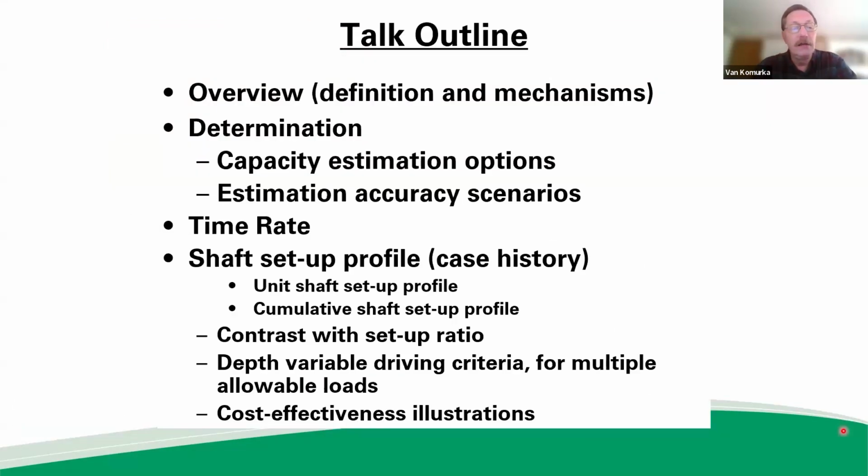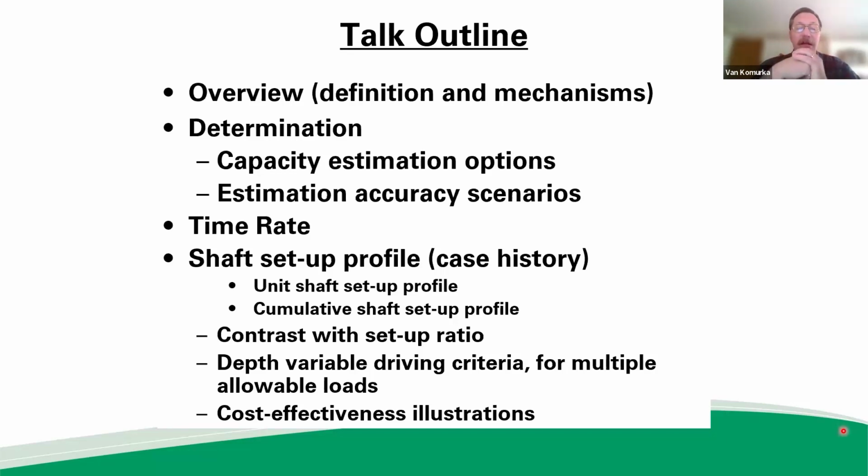Here's our talk outline. First, we'll look at the overview of setup. I'm not sure how familiar everyone is with what setup is as a mechanism. And then we'll talk about how we determine setup, both how we estimate it and how the accuracy of some of those estimations are affected by how it's determined. We'll look at the time rate of setup, how fast it comes on after driving.